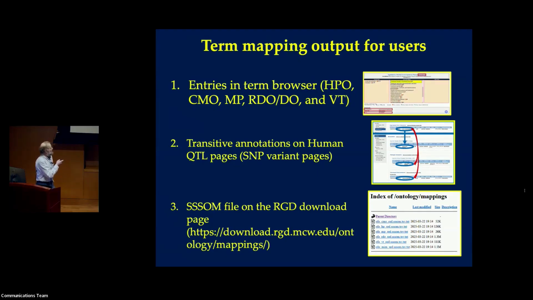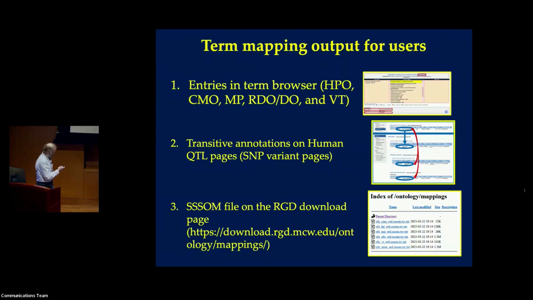For the transitive annotations, we took the EFO annotation that was already assigned to that SNP from the catalog, and we added HPO annotations and RDO annotations and VT annotations. So that was adding annotations to the SNP from the association of the different ontologies.